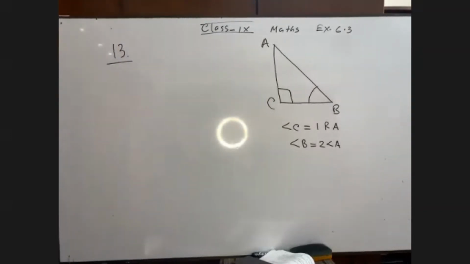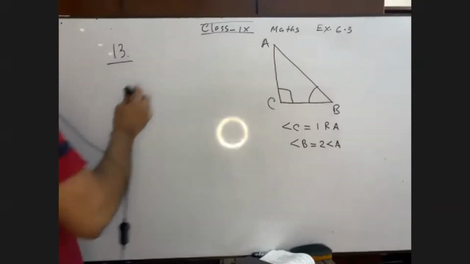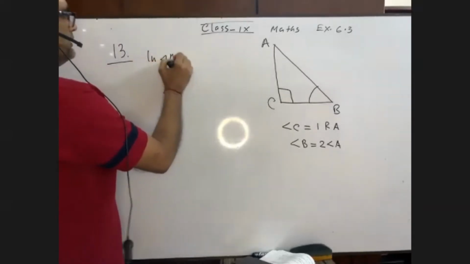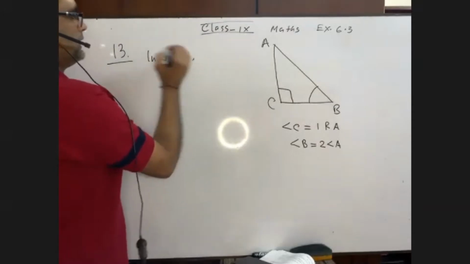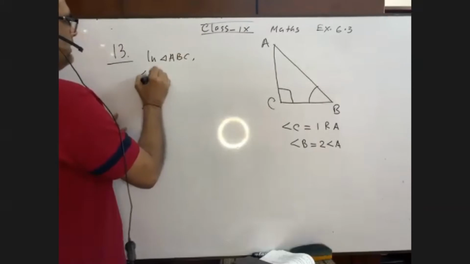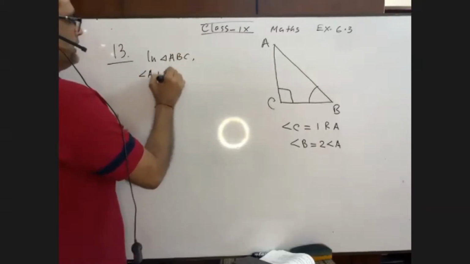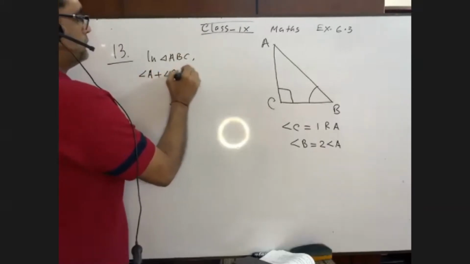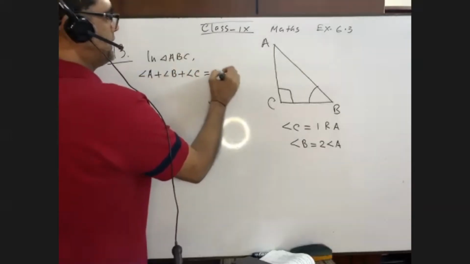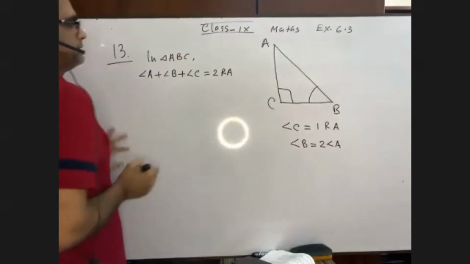Now you see, in triangle ABC, what do we know? Angle A plus angle B plus angle C equals what? 2 right angles, right? Am I right? Yes, sir.